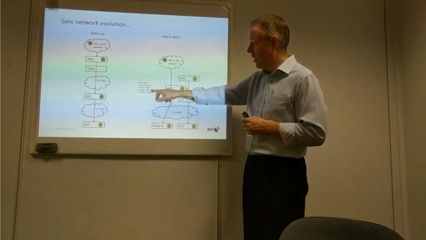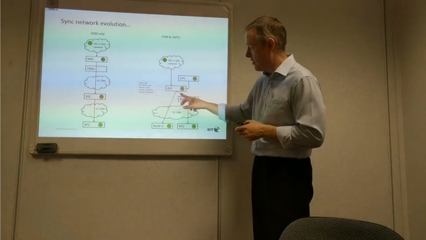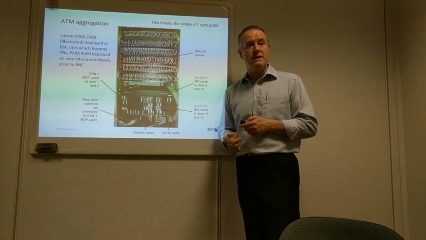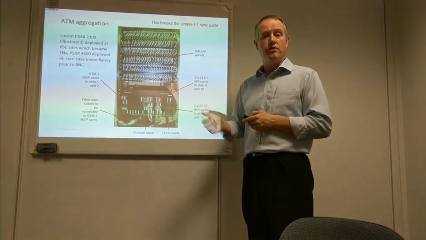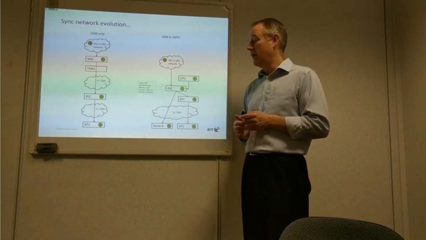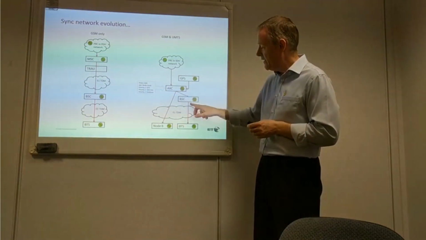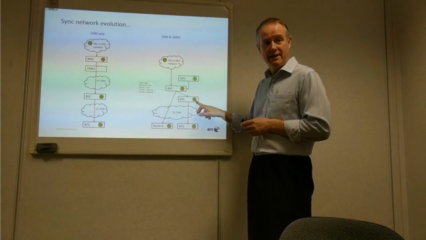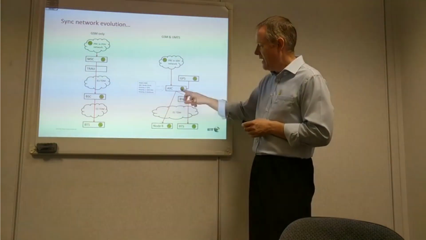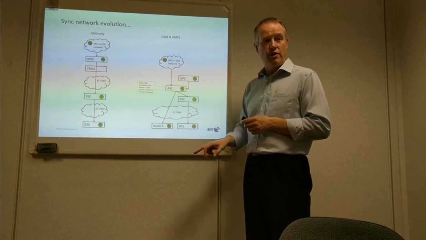So that would be the hierarchy for the clocking into that particular ATM cross-connect, and that ATM cross-connect, in the example I gave, is this Lucent PSAX platform, and there were a whole bunch of other platforms out there as well from suppliers like Nortel, Alcatel, etc. From here we can provide an Ater circuit into the BSC, and then E1 transmission to the BTS, and again E1 or N times E1 out to the actual node B itself as well.